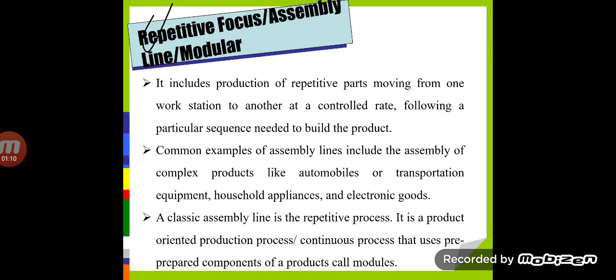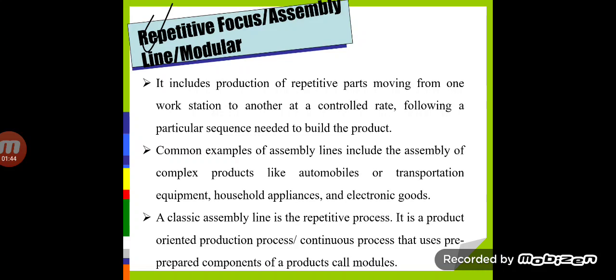Some examples are manual assembly of toys and appliances, and automatic assembly of components on a printed circuit board. Common examples include automobile or transportation equipment, household appliances, and electronics goods.